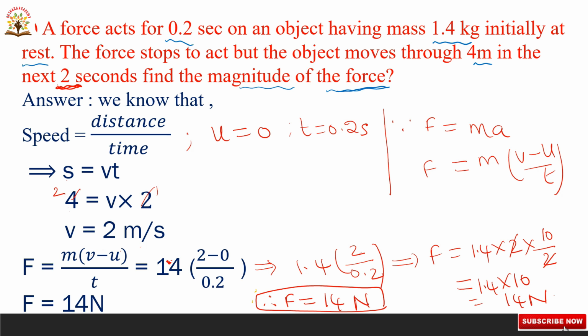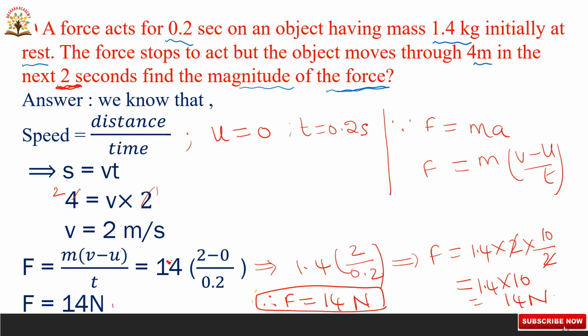So 1.4 into 2 minus 0, that is 2, by 0.2. Here 0.2 can be written as 2 by 10. Reciprocal, 10 by 2. 2 gets cancelled. 1.4 into 10, nothing but 14 newtons. So the final answer: magnitude of force, or force, is equal to 14 newtons.